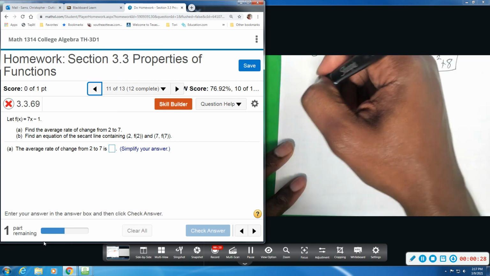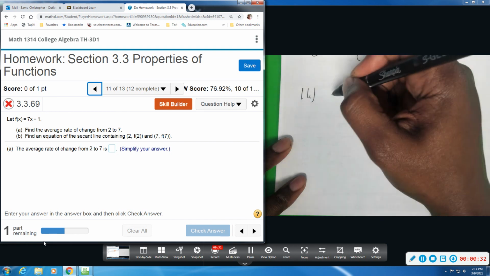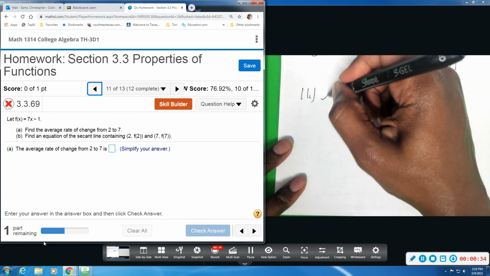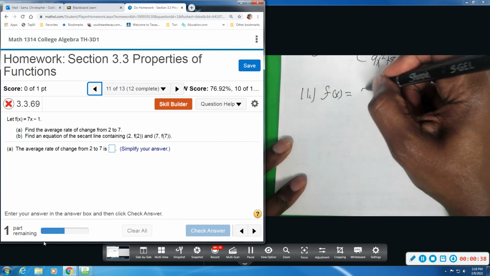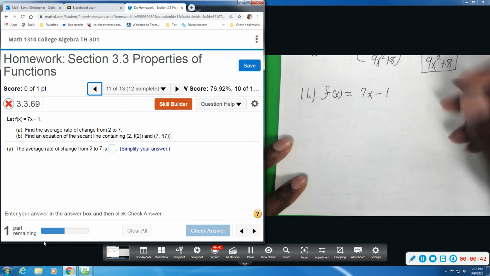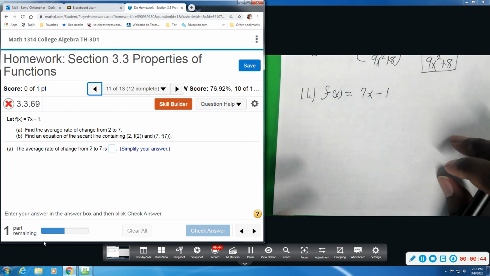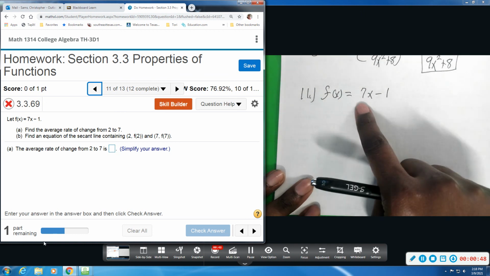All right, so right now we have the linear equation f of x equals 7x minus 1. Okay, so with this function, we want to find the average rate of change.